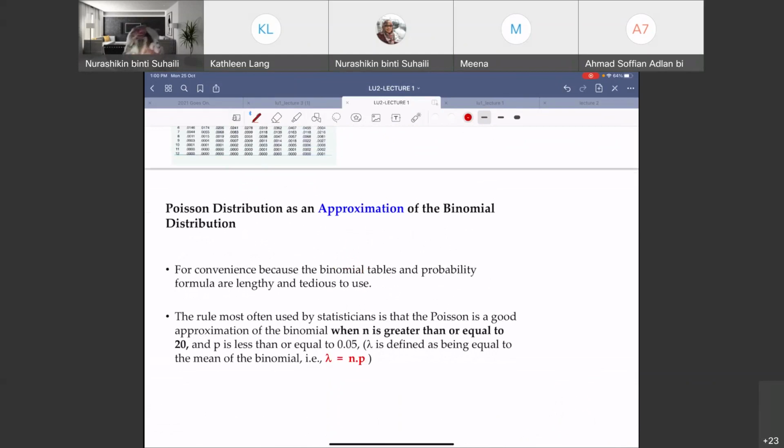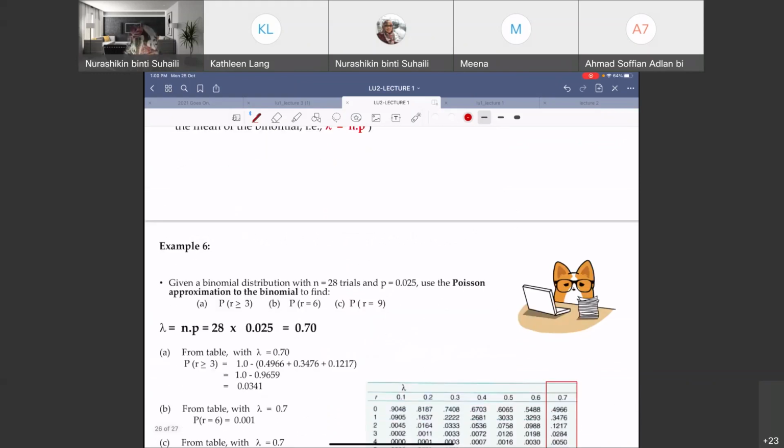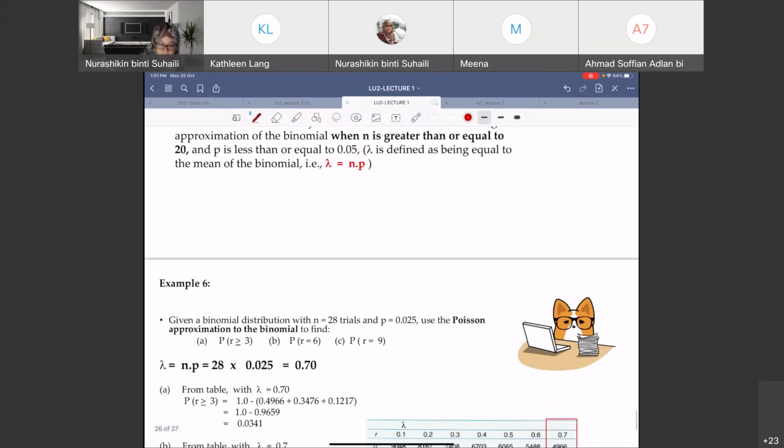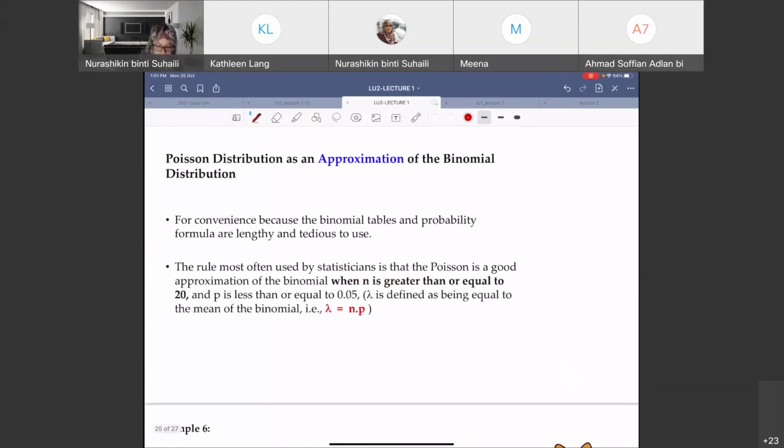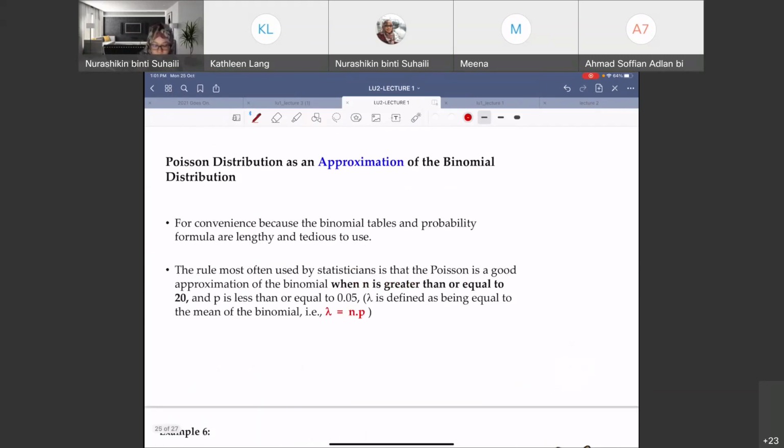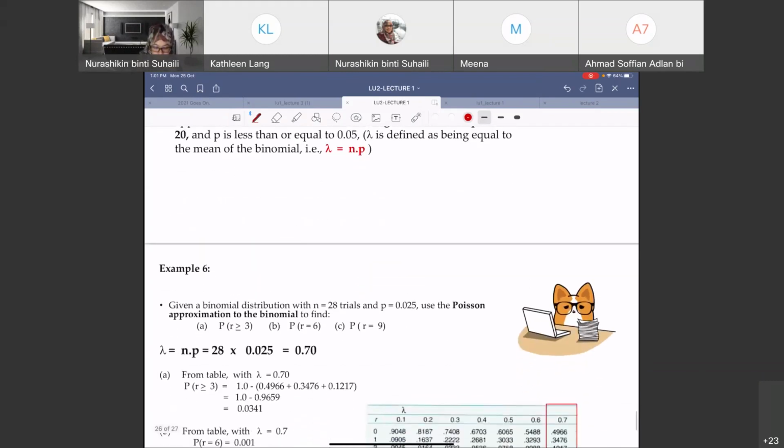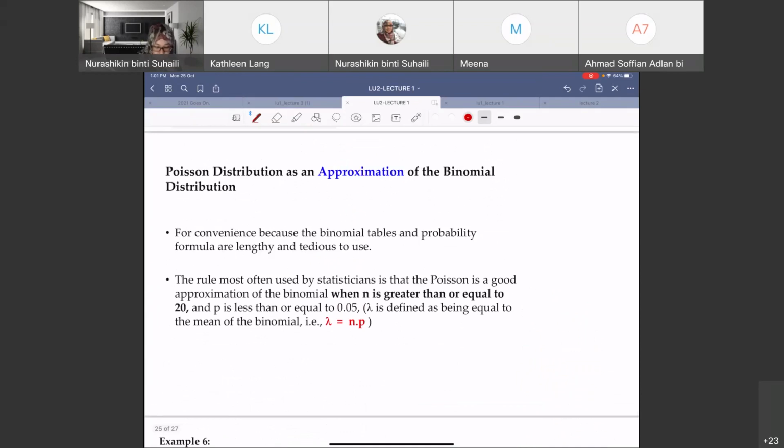Whenever it says that we want to use Poisson as an approximation to binomial, the distribution should satisfy certain conditions.